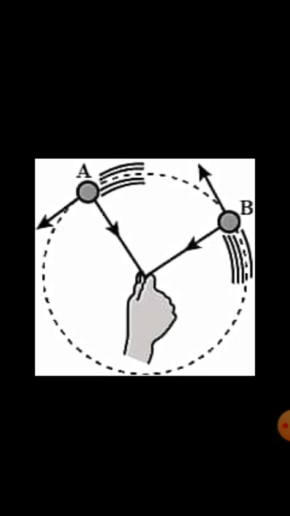Now, when a stone is tied to a thread and is rotated by a person in a circular path, then the pull of the thread is the force which makes the stone move in a circle. This pull is provided by the person holding the thread with his hand.